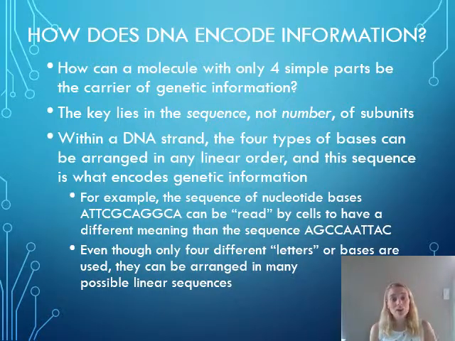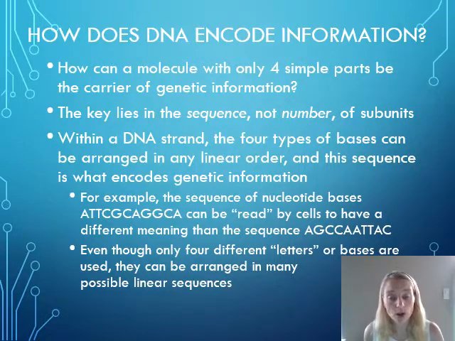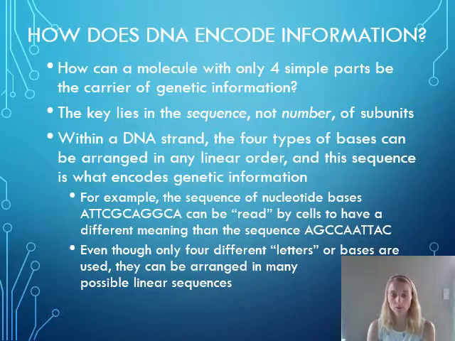It's actually the sequence of those letters. So the order in which the A's, T's, C's, and G's are placed, that's the secret code, if you will, the secret language of DNA that gives the instructions for how to make proteins or how to make these other cellular products that allow the cell to be a cell, these regulatory regions as well.